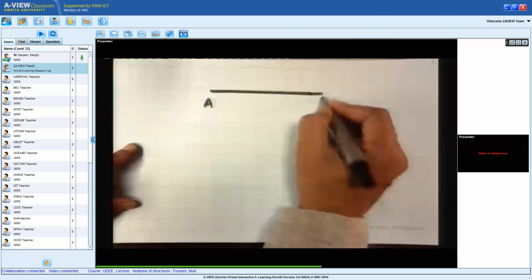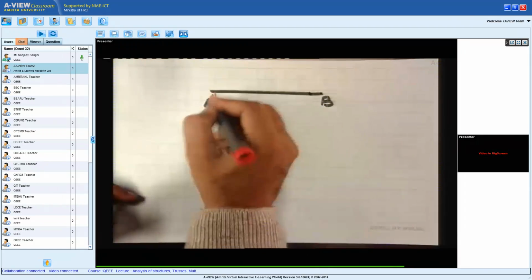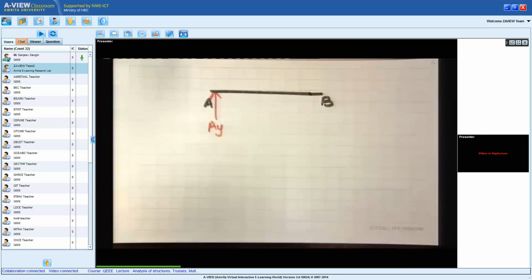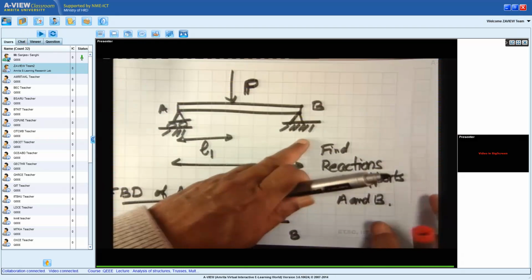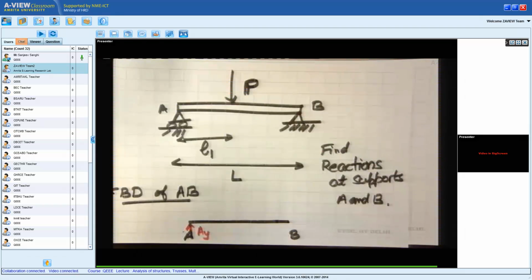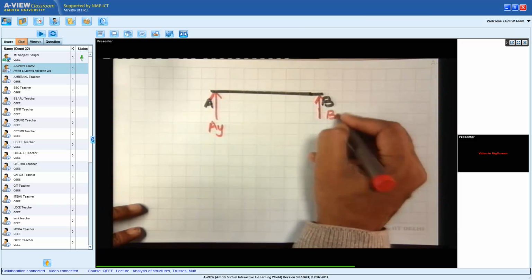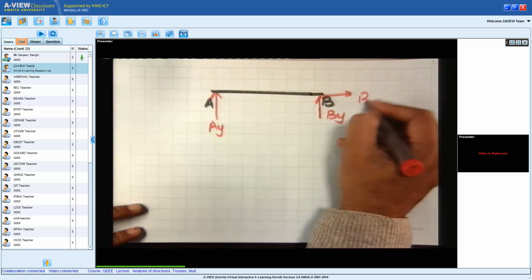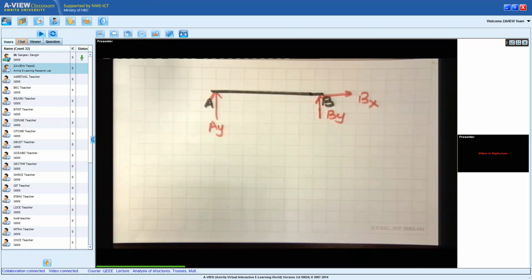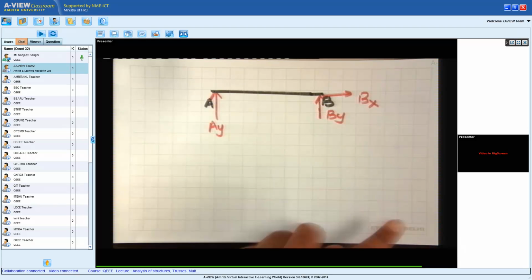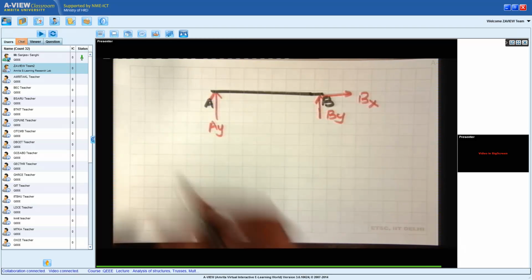Let me draw this on a new page so that things are very clear. This is AB. At A, I have a reaction Ay. What will happen at point B? At point B, it's a normal support, there are no rollers. So in general, what I will get is at B, I will get By and Bx. Notice I can show the unknown supports in any sense of X or Y.